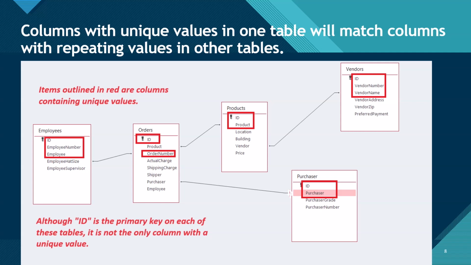It has no information relevant to the semantic information of the table, just a unique number which distinguishes that row from every other row. But in the employees table, employee number and employee name, also known as employee, are values which do not repeat. Each employee only occurs once. And of course, employee number only occurs once.